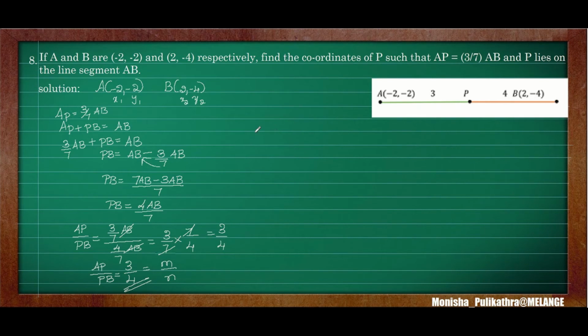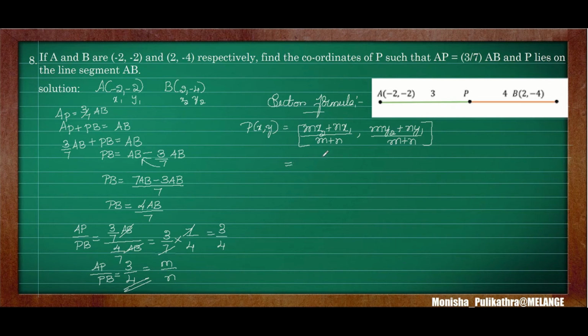Next we need to find the coordinates. So the coordinates is P of (x, y). So we need to apply the section formula here. P of (x, y) is equal to ((mx2 + nx1) divided by (m + n), (my2 + ny1) divided by (m + n)).